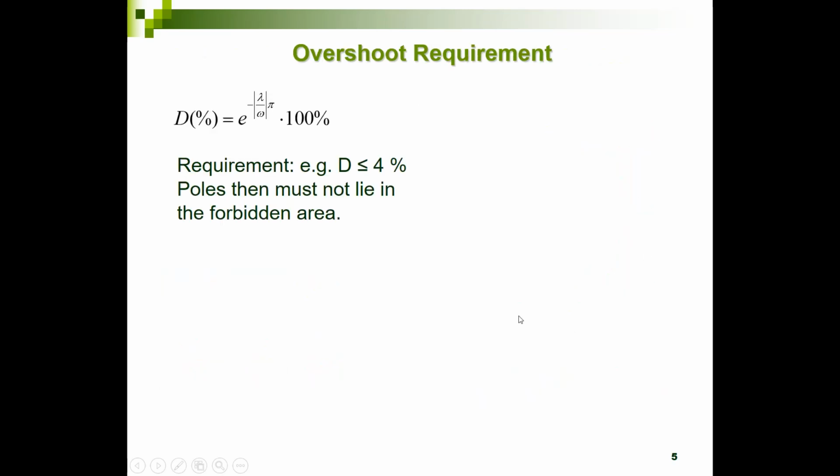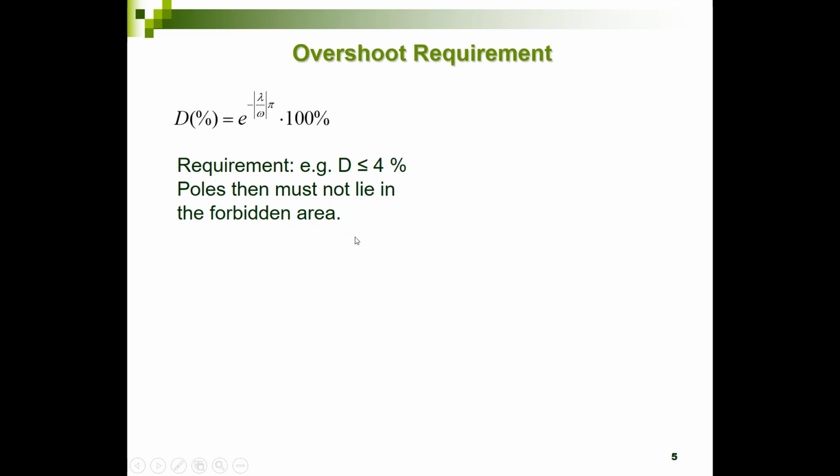Suppose we want to design a system, and we have a system requirement that when we supply a step set point to the input, the overshoot may not be higher than 4%. Then we can calculate what the value of lambda divided by omega may be.